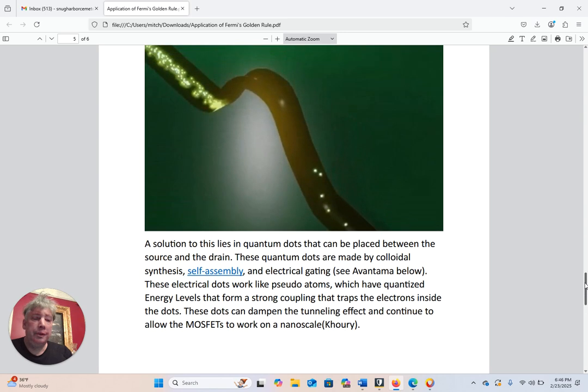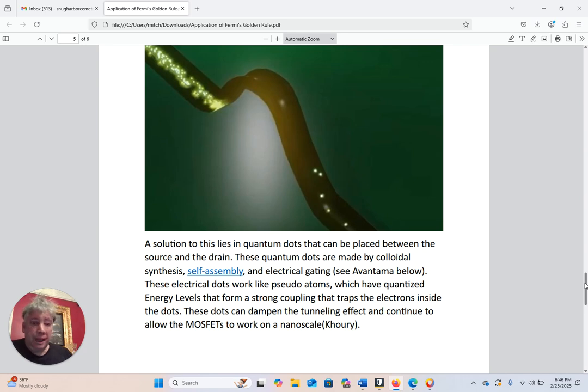Quantum dots can be man-made, and they act kind of like an infinite well where the electrons get stuck. They get stuck because these quantum dots are made to have the same energy levels as atoms, so the electrons can exist in those energy states.